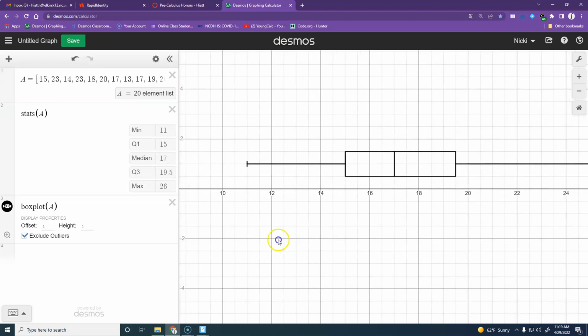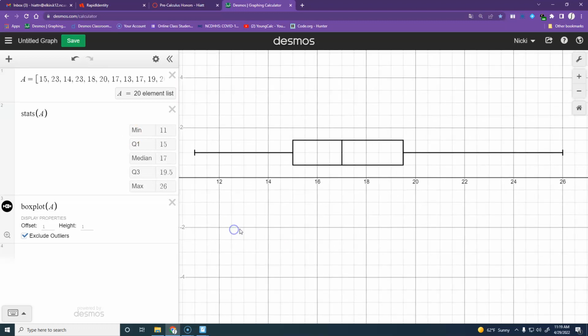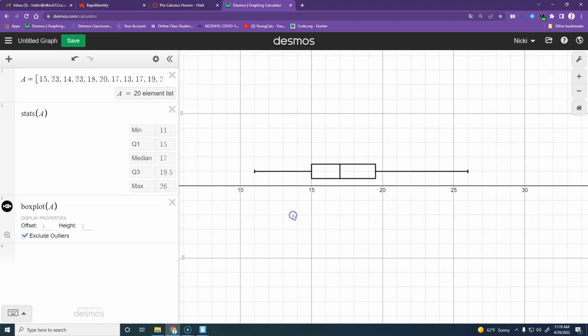All right, so if we look at our box plot here, we can see that in the middle right here, our median is 17. Lowest is at 11. Highest is at 26.